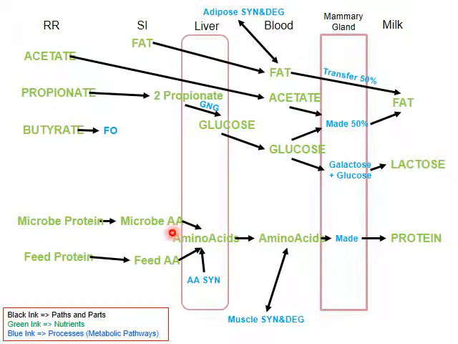You have the amino acid pool in the liver coming from microbial source, feed source, and then synthesis in the udder. Those amino acids are released into blood. We can also have the muscles releasing or taking up amino acids either way. So synthesis and degradation will contribute or subtract from the amino acid pool.